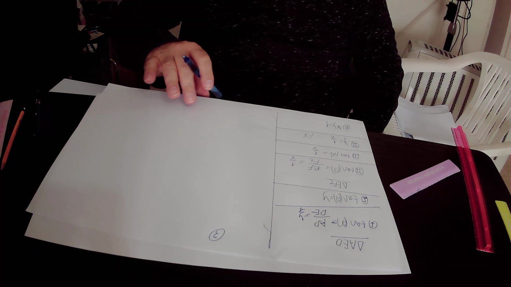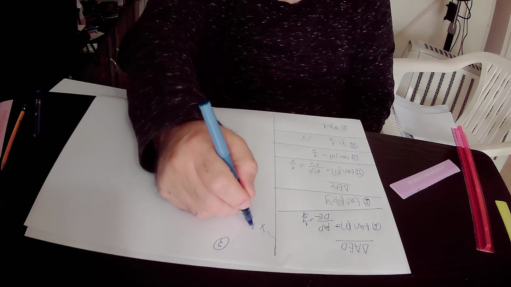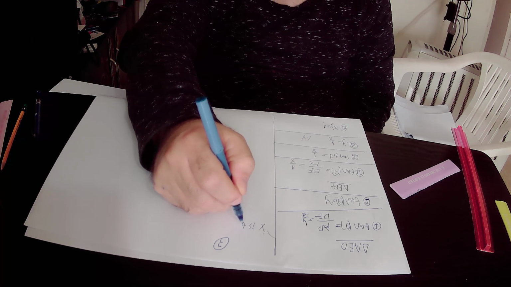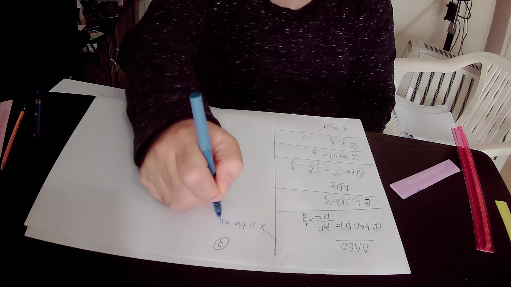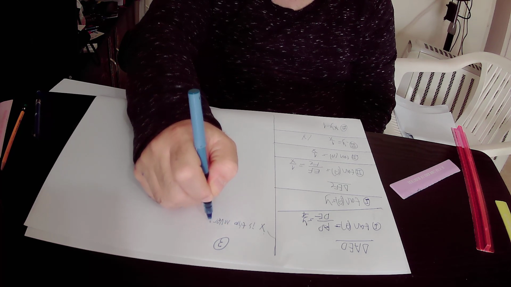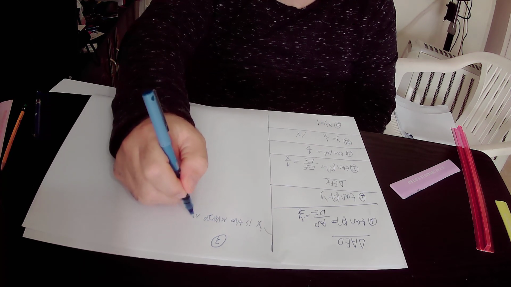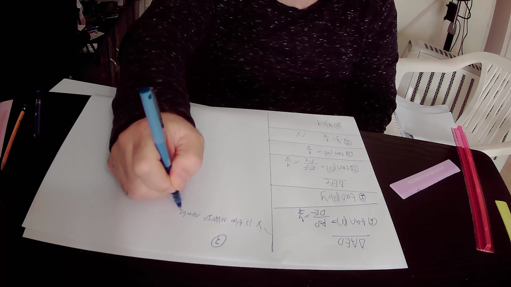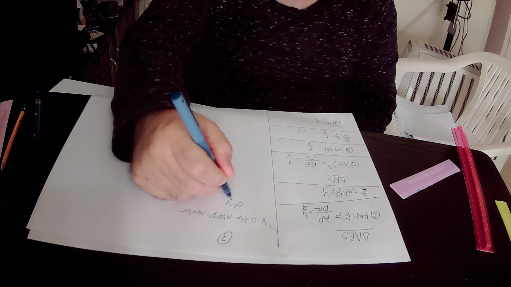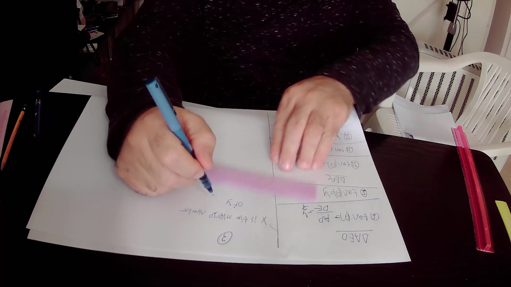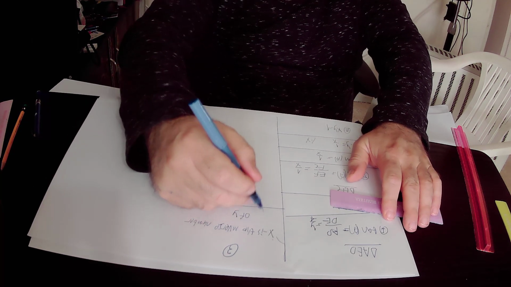So here we can write down that x is the inverse number of y, and it is also true to say that y is the inverse number of x.